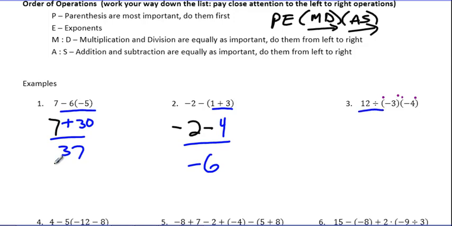So, we work left to right. We do that first. Positive divided by negative is a negative, and 12 divided by 3 is 4. And I'm going to drop down my negative 4. There's two ways we could show multiplication. You could put a dot there, or you could continue with parentheses. Now I have a negative times a negative, which is positive. 4 times 4 is 16.